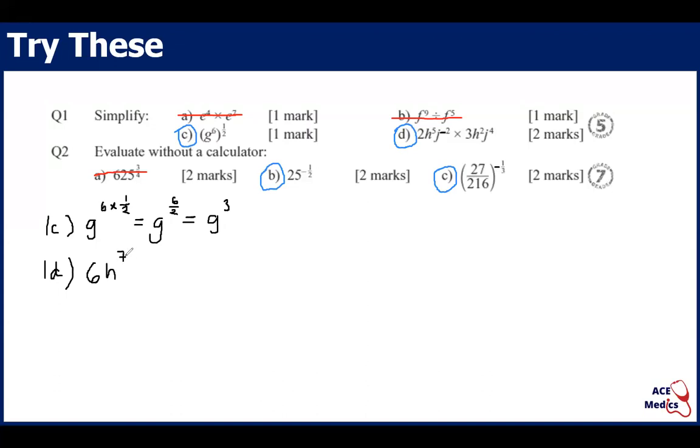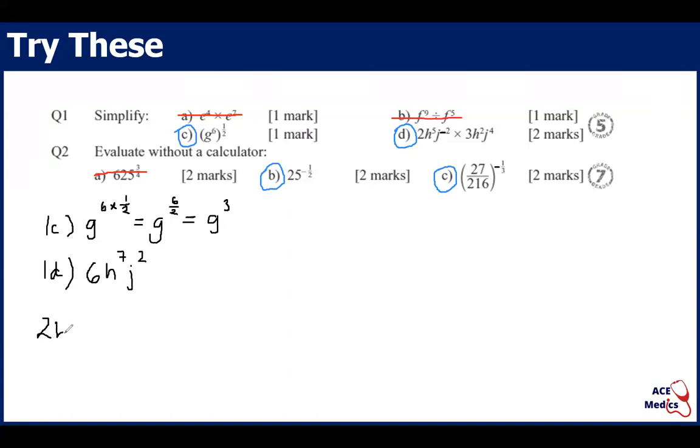Then we've got j to the power of minus 2 multiplied by j to the power of 4. So we're still adding them, but we start off in the negative. So it's going to be minus 2 plus 4, which is 2. Is everyone happy with that? Okay.